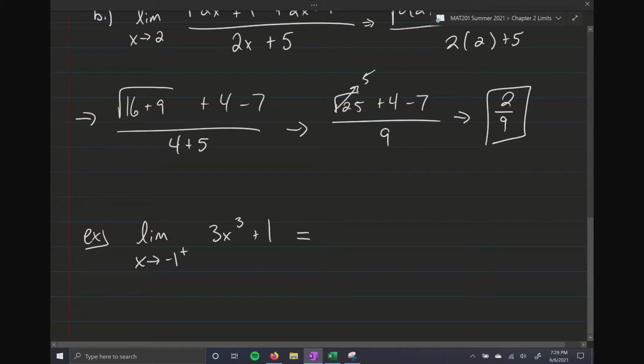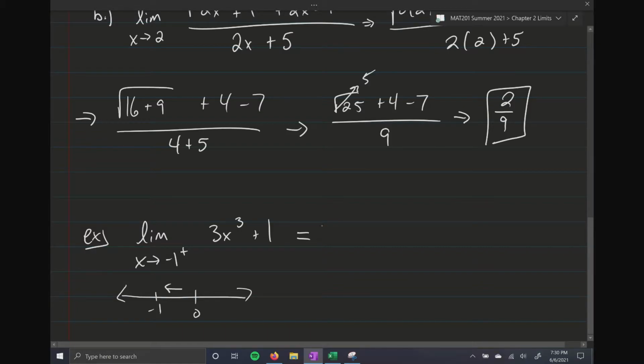Now, personally, because we're learning this, what I would do is think about a number line. Here's -1, and since we're approaching from the right, we want values of x that are on the right-hand side of -1. Also, they need to be very, very close to -1. The closer you get to -1, the better the approximation for your limit is actually going to be.